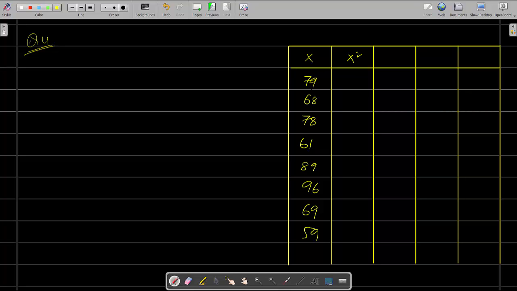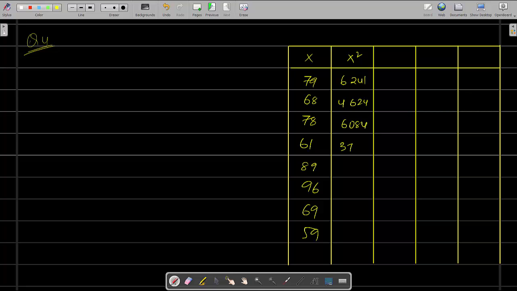Just square this value. So 79 into 79, you should get 6,241. 68 into 68, 4,624. 78, just like that, you have to square it up, okay? Everything.